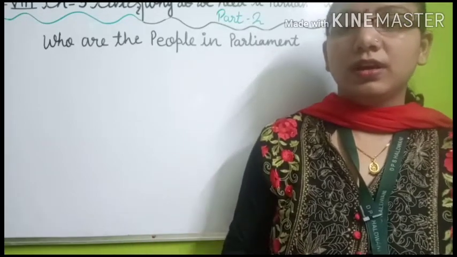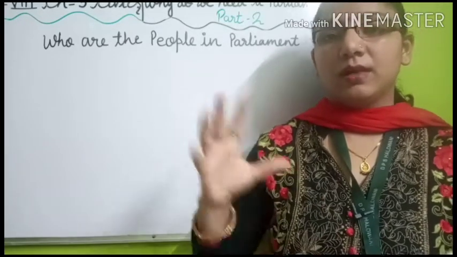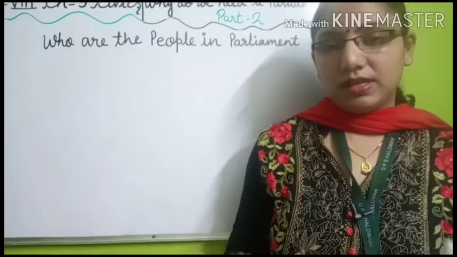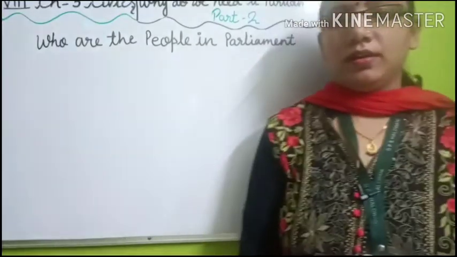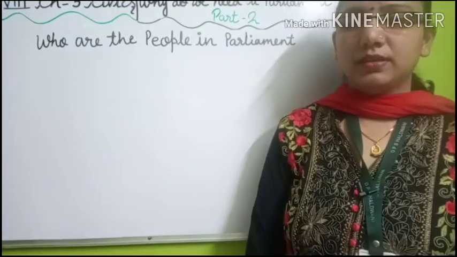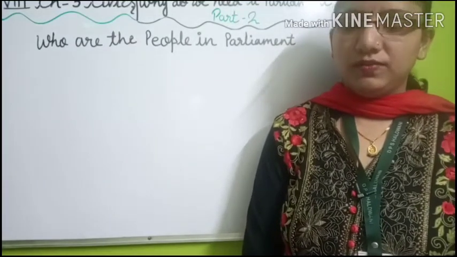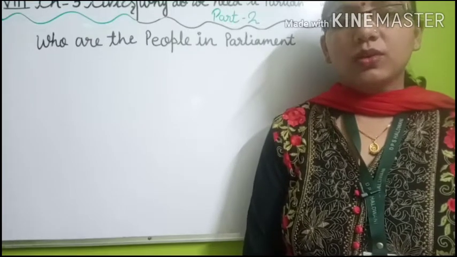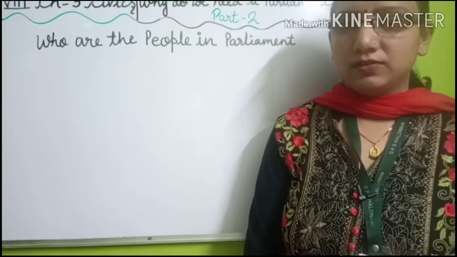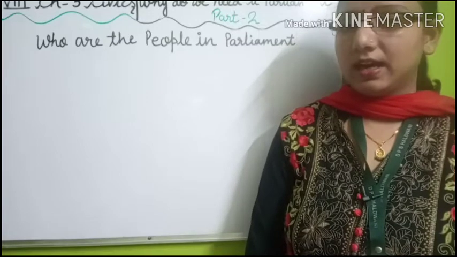As you know that there is a policy, a particular MP can be selected according to the population of a particular area. But many times there is a discrimination between the marginalized and the majorities. So for that the government has to make few policies for getting selected as an MP.